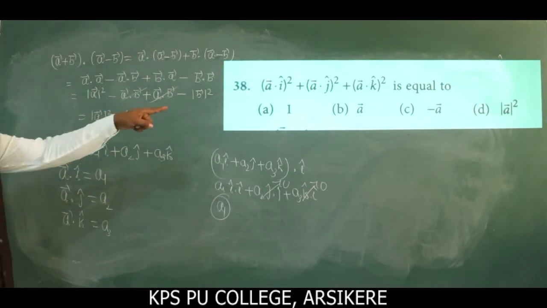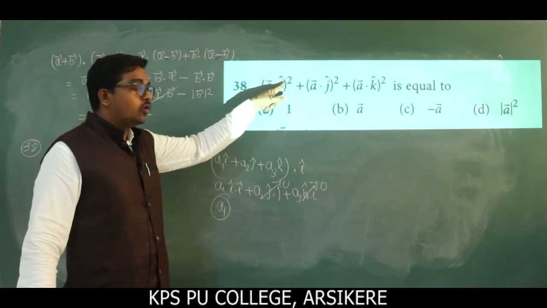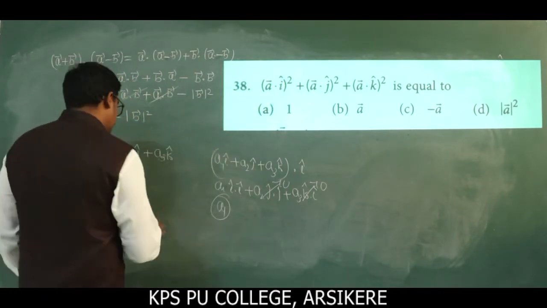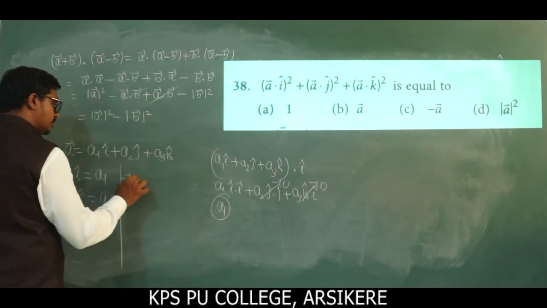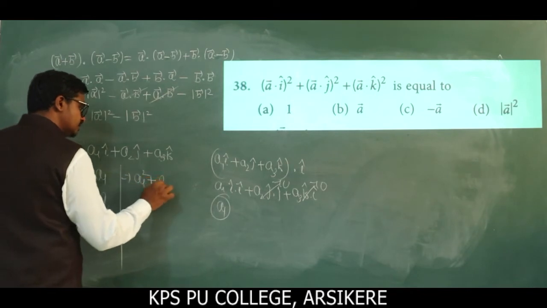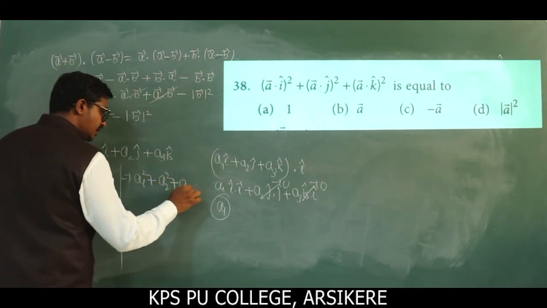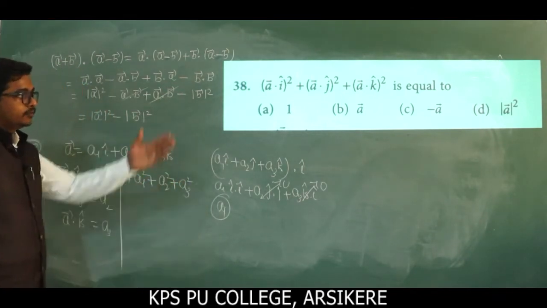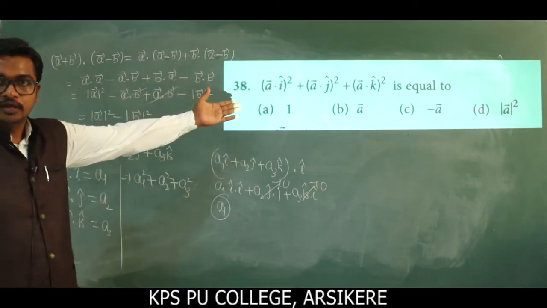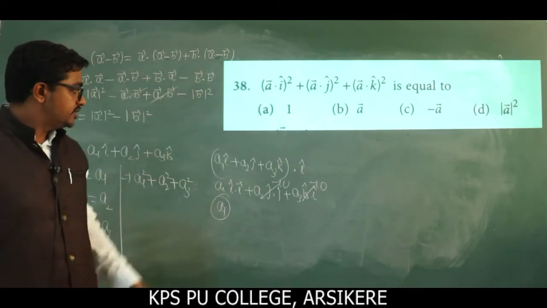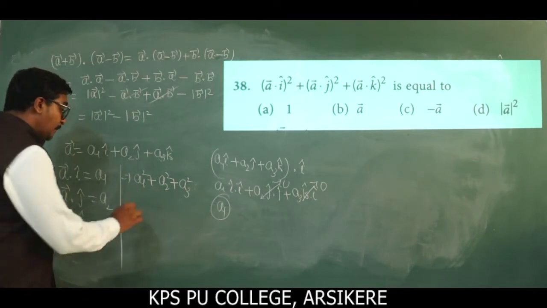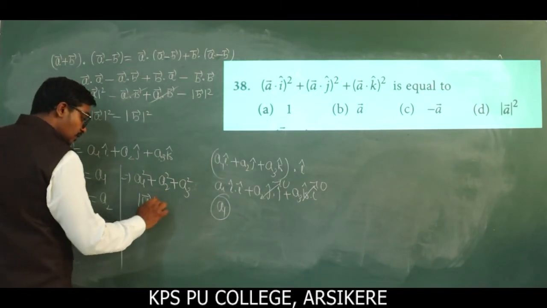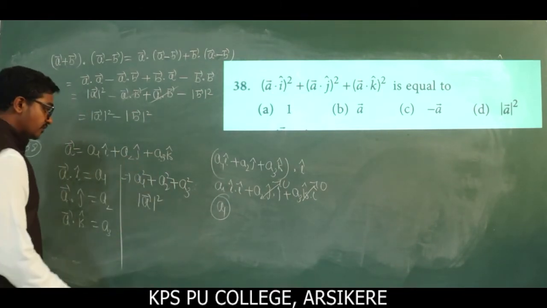So in the given expression, A dot I whole square becomes a1 square, plus the second term a2 square, plus a3 square. a1 square plus a2 square plus a3 square is nothing but magnitude of vector A whole square.